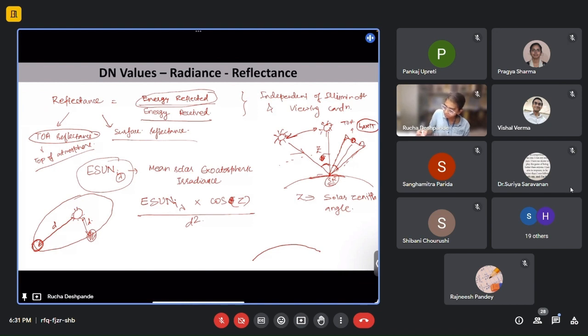In that, solid angle is equal to A by r square, and then it would be pi r square by r square. So this gets cancelled, and that's why we have to multiply it here with the spectral radiance to calculate the energy reflected per unit solid angle.